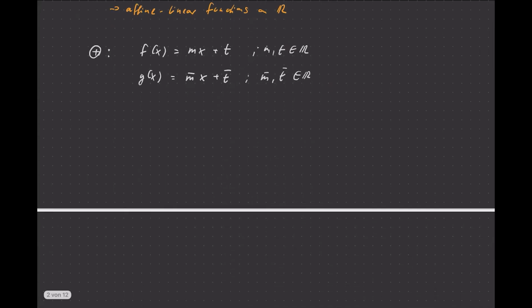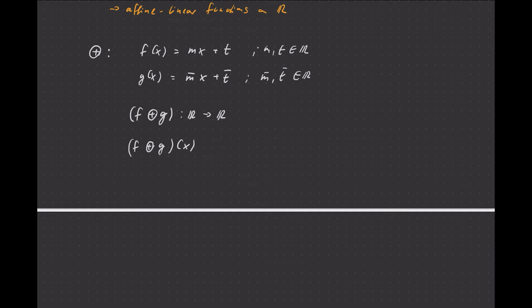Then how do we define the sum of those two functions? So we need to define f plus g. The result is again a function that maps from R to R. And then we need to define how that function maps any given input scalar x.